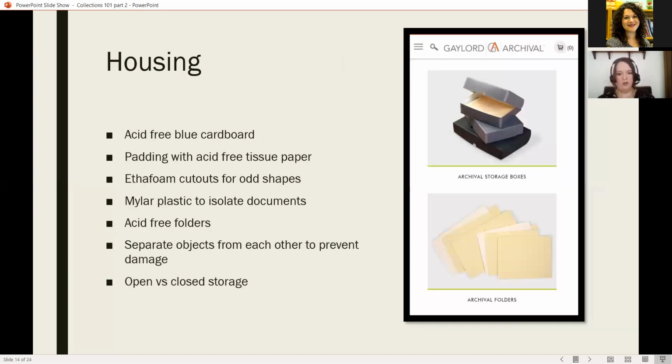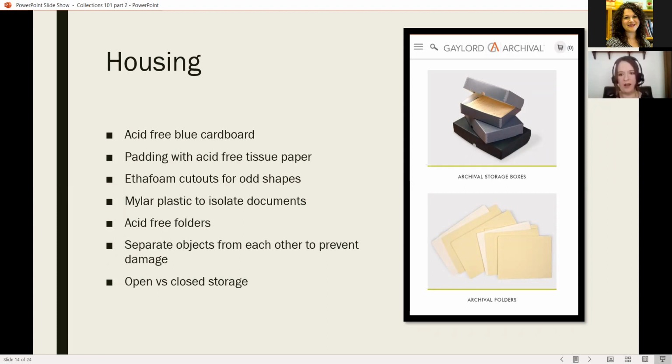So I've been talking about housing. This is an image pulled from Gaylord Archival. They have great stuff that you can purchase in bulk. All their stuff is acid-free archival materials.